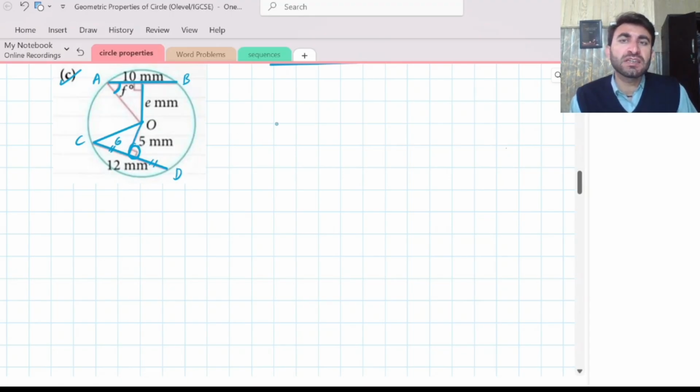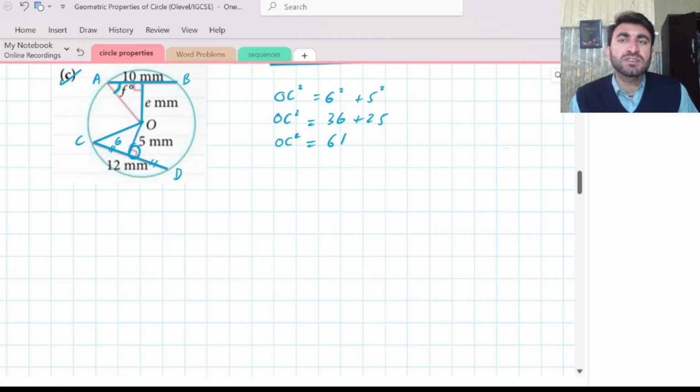So we can find the value of OC using the Pythagorean theorem. OC squared shall become 6 squared plus 5 squared, because OC is the hypotenuse of that triangle. So OC squared shall become 36 plus 25, and that equals 61. So the square of OC equals 61.